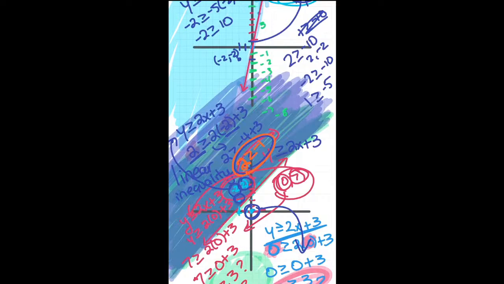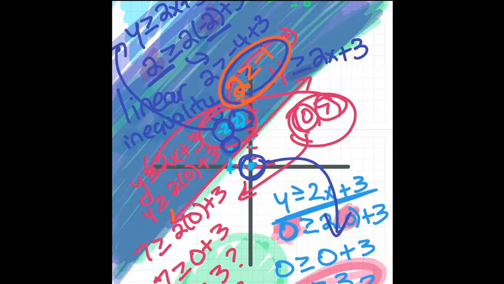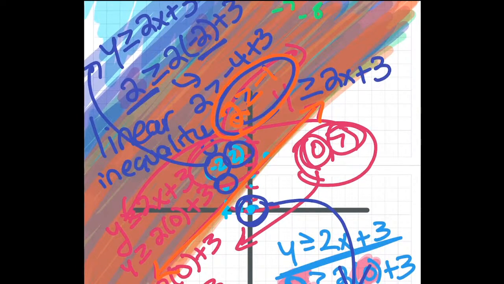Thus, our answer for this graph is this line right here. Let me highlight in orange because we have a lot going on in here. And you shade this whole thing up here. That is your answer for this one: the line and the shaded region above it. And it's a solid line because we have an equal sign.